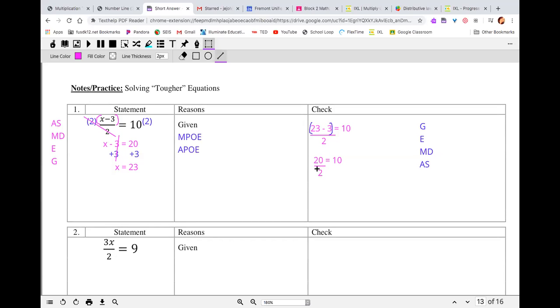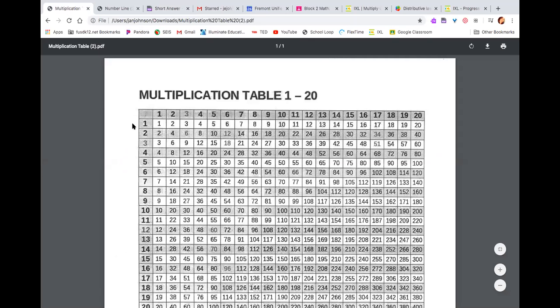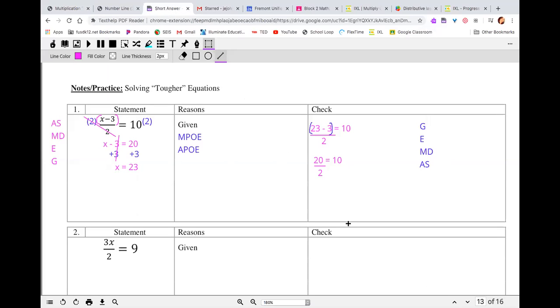And now I have 20 divided by 2. Is that something I can do? Is that something that's easier for me to do? Yeah. 20 divided by 2, is that an even number? Or a whole integer, I mean? Yeah. So 20 divided by 2 is? 10. Yeah, so we followed those steps because it made it easier for us.